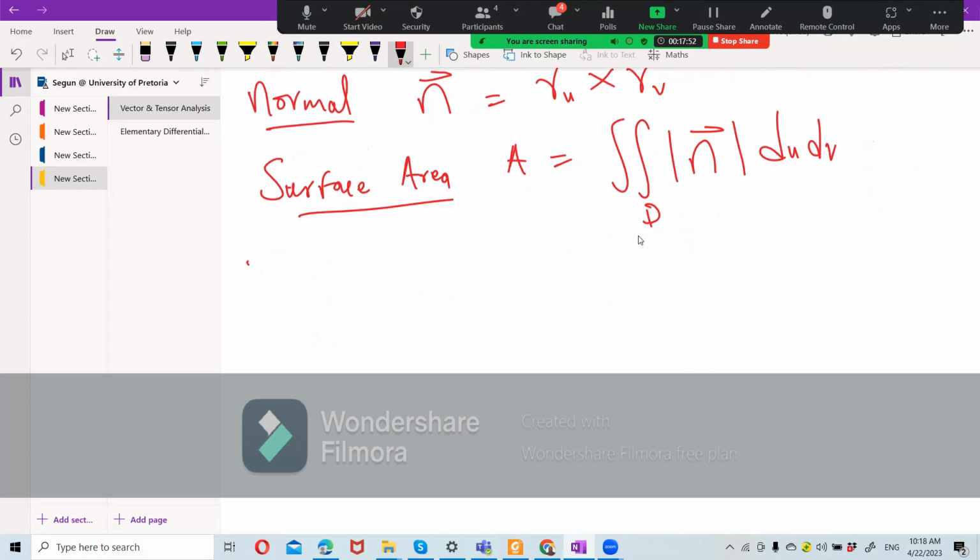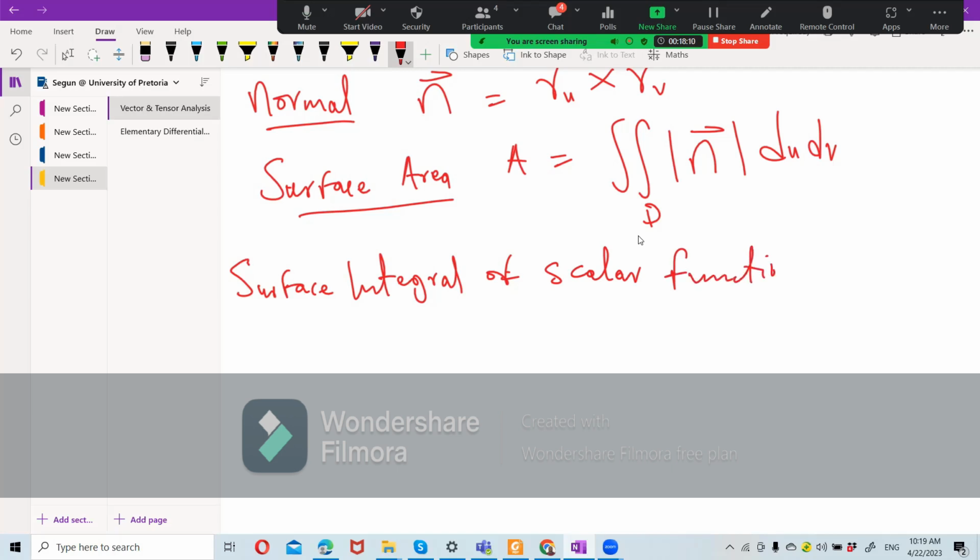Then you have surface integral of a scalar function. It is going to be an integral.